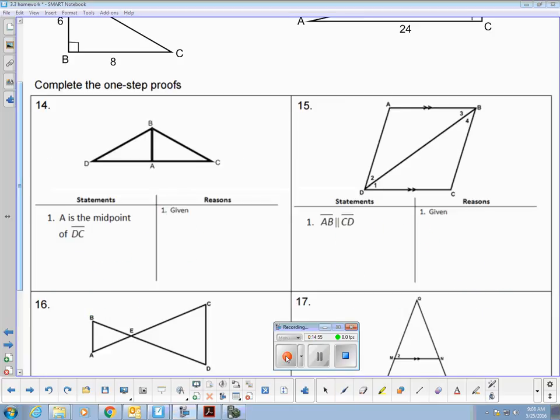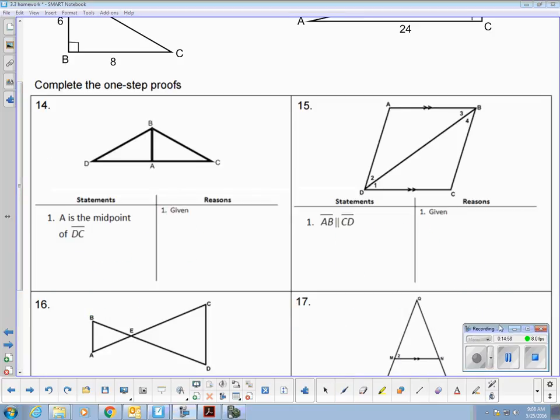On the last page, there are some of the postulates and definitions, theorems, and properties that we've learned. Taking a look at number one, we see a diagram where A is the midpoint of segment DC. If that is given to us, that's what we know, then here's the conclusion we can now make.